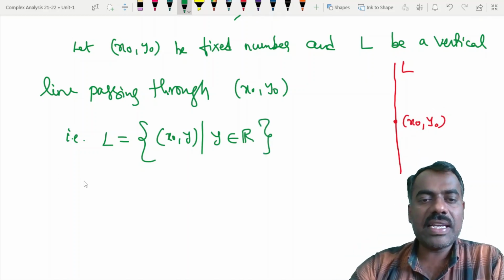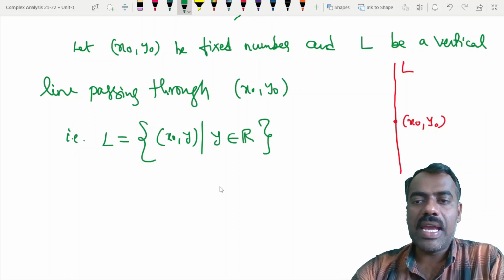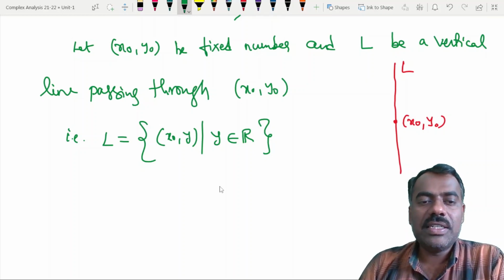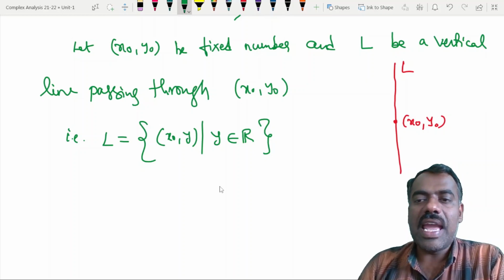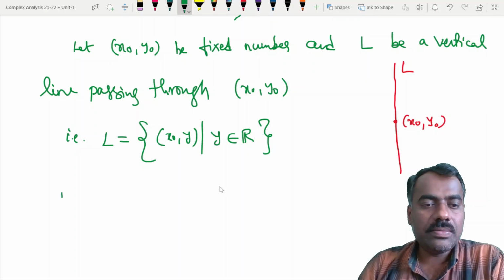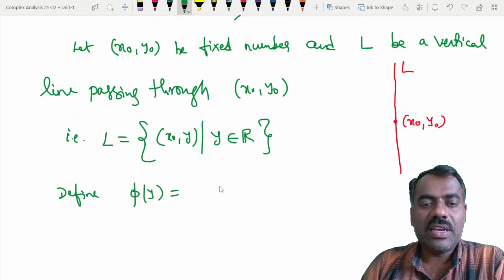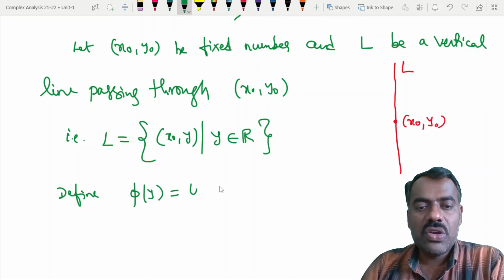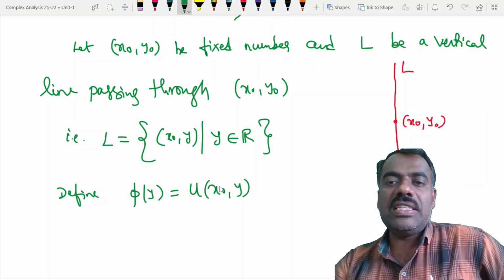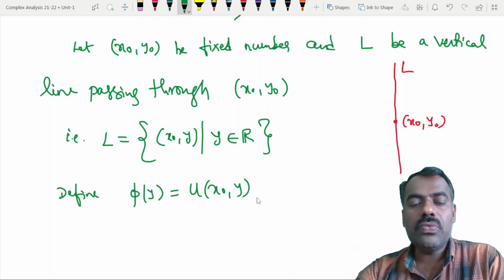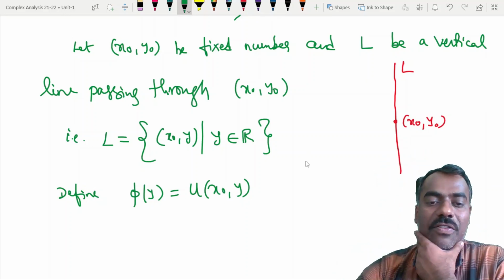So we have considered a line, and we'll define a function on this L. Say phi of y, a new function defined on L as u of x naught comma y. That means phi of y is the value of u when evaluated at x naught comma y.